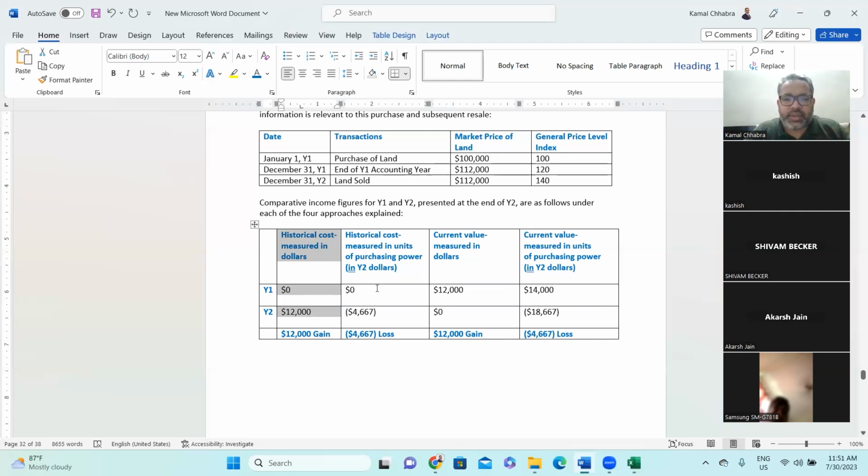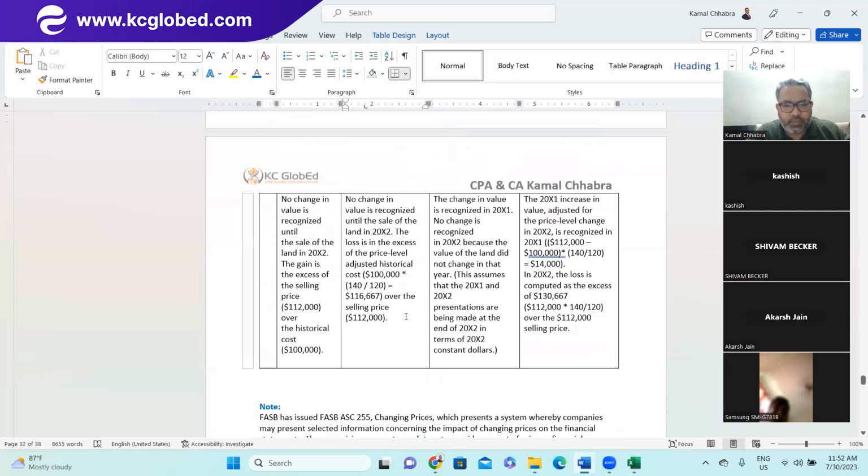Right, now coming to the second method, which is historical cost measured in unit of purchasing power. So in this case also, in year 1, your general price index level is 120, and your purchase of land, which you'll be reflecting at historical cost, is $100,000, and in year 2 there is a loss of 4667.